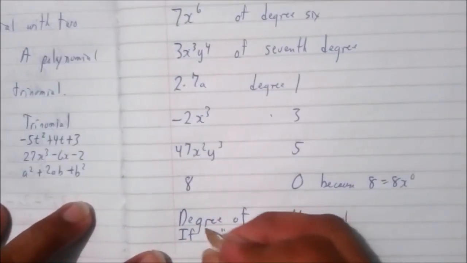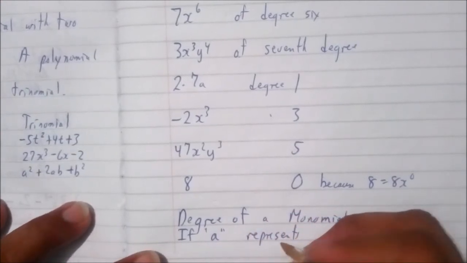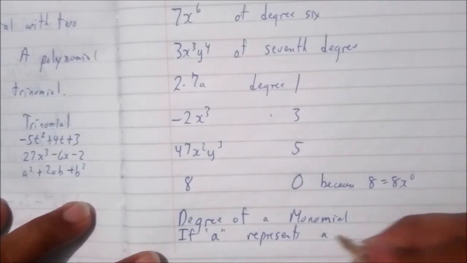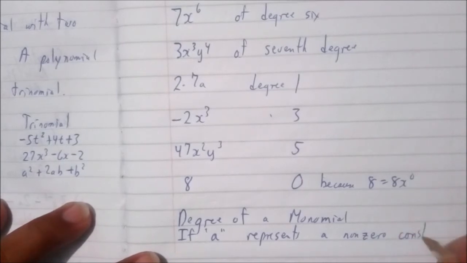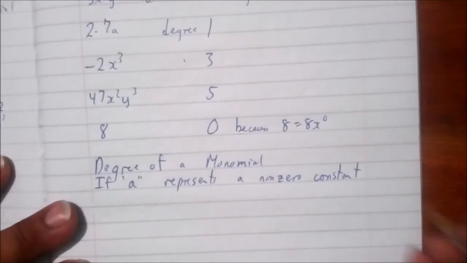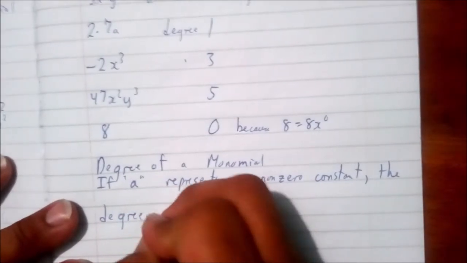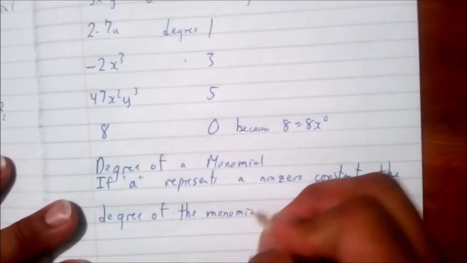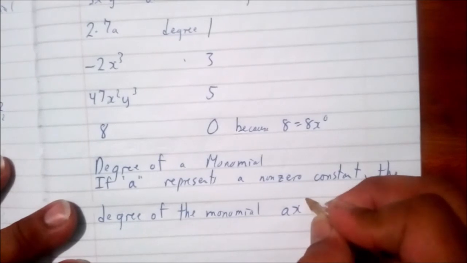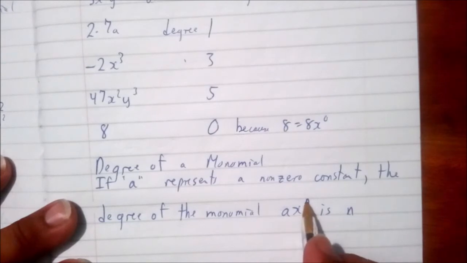If a represents a non-zero constant, the degree of the monomial ax to the n is n. So the power or the degree is that there.